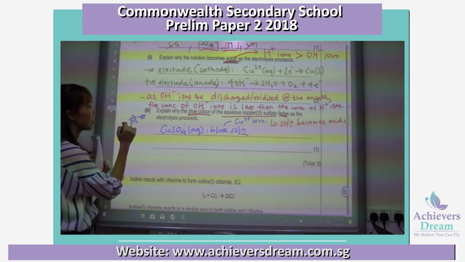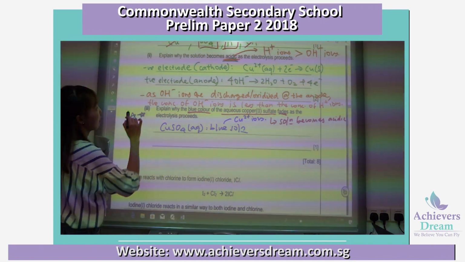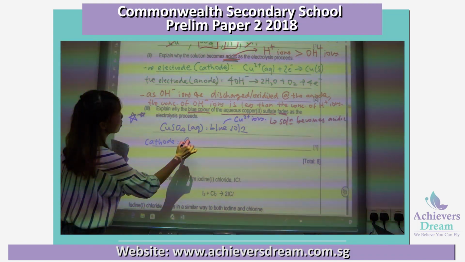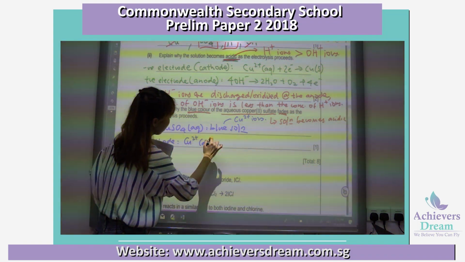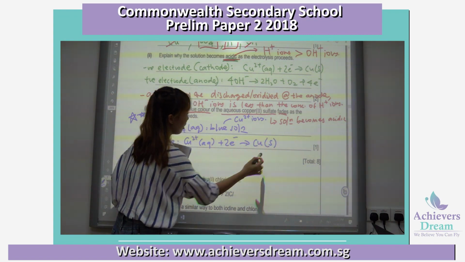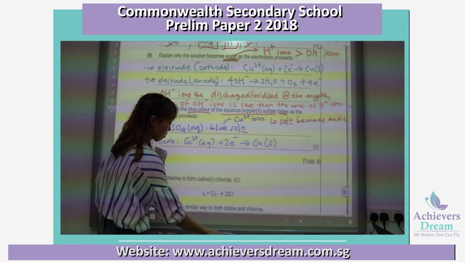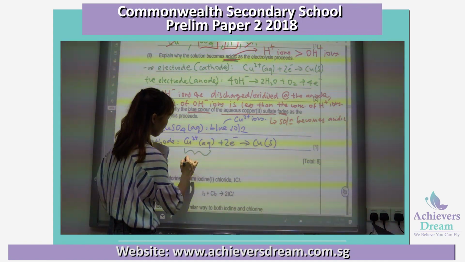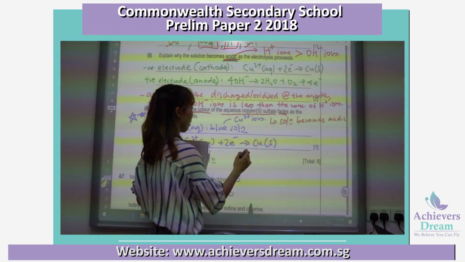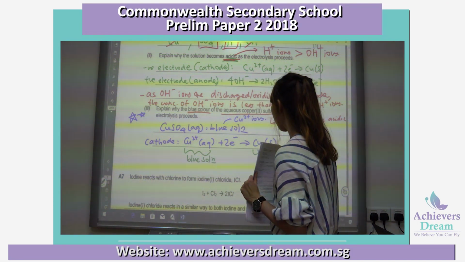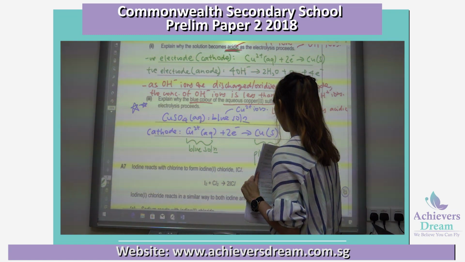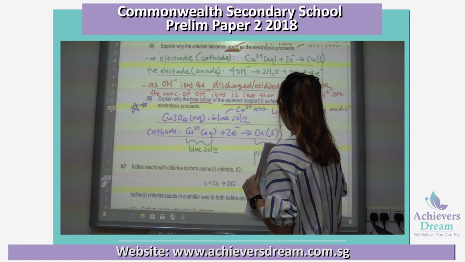Now as electrolysis proceeds, at the cathode, your Cu2+ is gaining electrons to form your copper solid, correct? Over here, Cu2+ contributes to your blue solution. Then, as copper solid is being discharged, the copper solid is a pink or reddish brown solid.